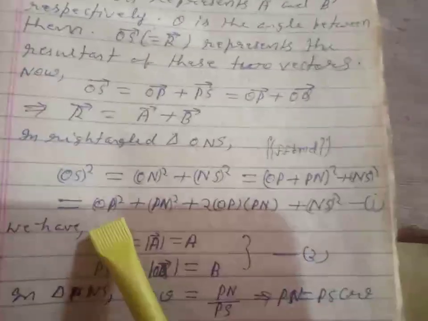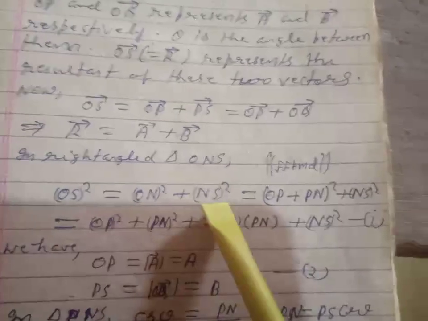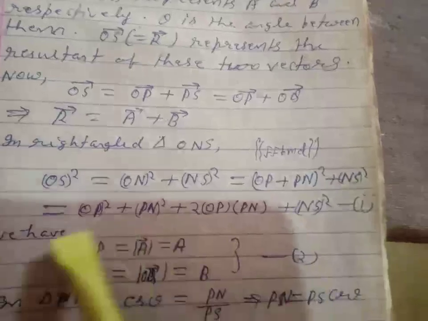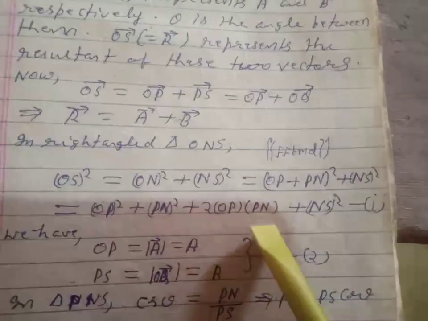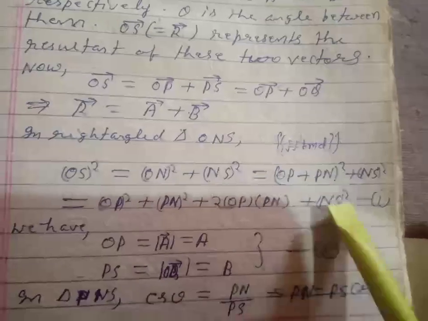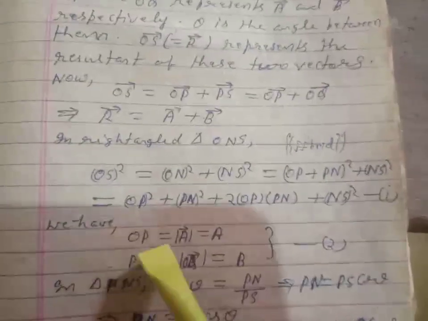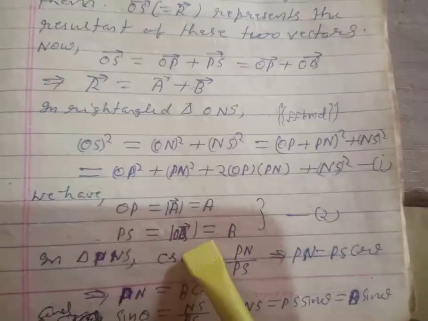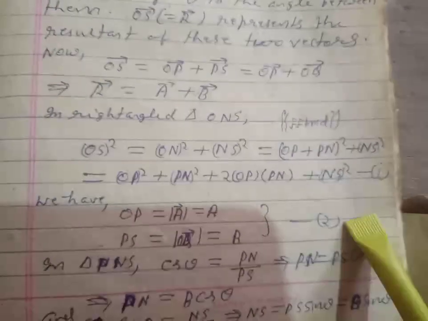So OS square equals ON square plus NS square, equals OP plus PN whole square plus NS square, or equals OP square plus PN square plus 2 OP into PN plus NS square. Equation 1. Now we have OP equals mod of A equals A, PS equals mod of OQ equals B. This is equation 2.